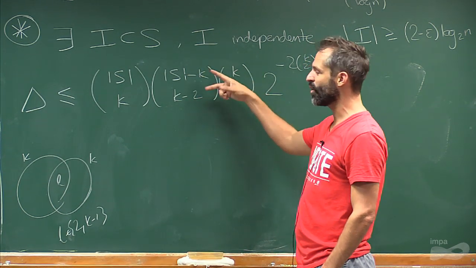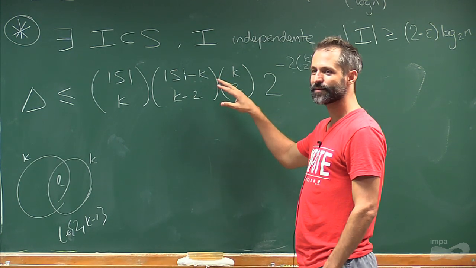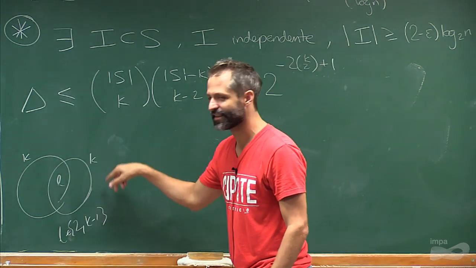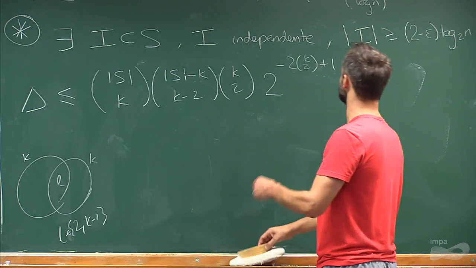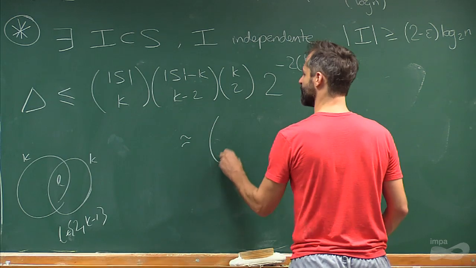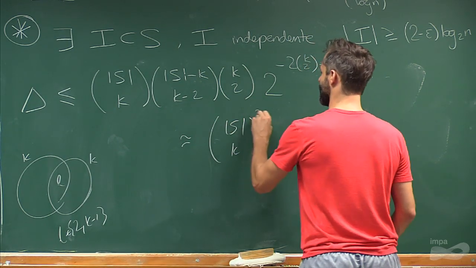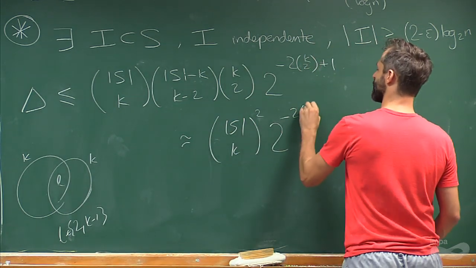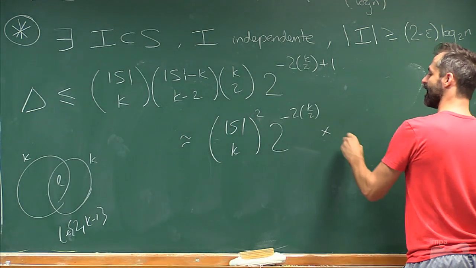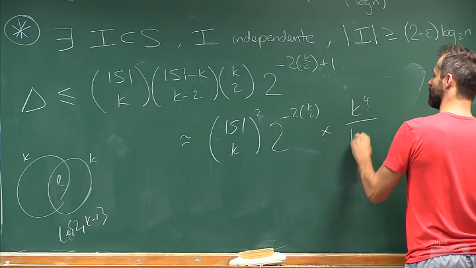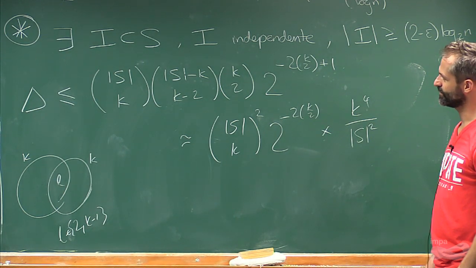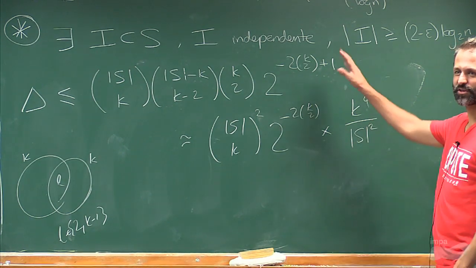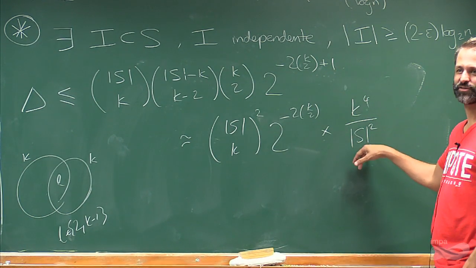So it's something like k to the 4 over S squared, which is also roughly the probability that these things intersect in that much, times this thing. So this whole thing is roughly S choose k squared, 2 to the minus 2 k choose 2, times k to the 4 over S squared. Okay, so just some simple approximation gives you this.